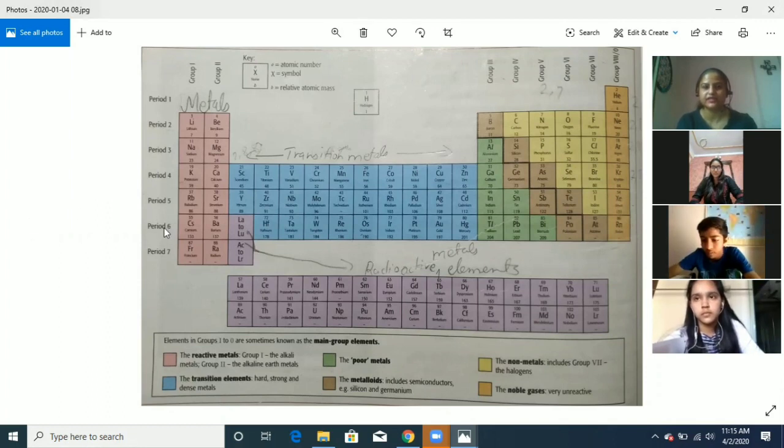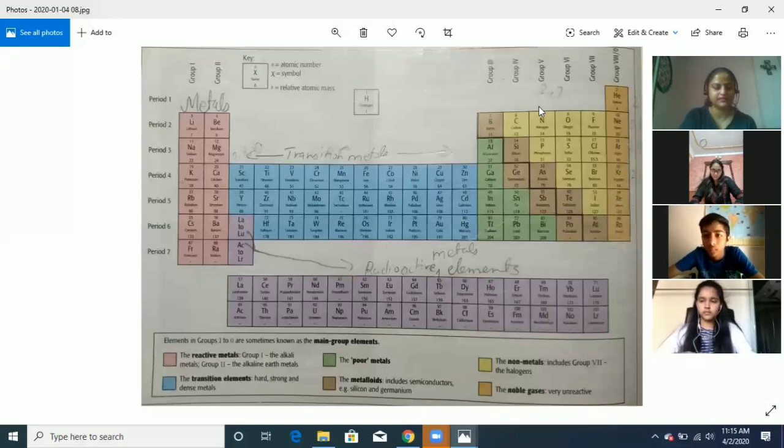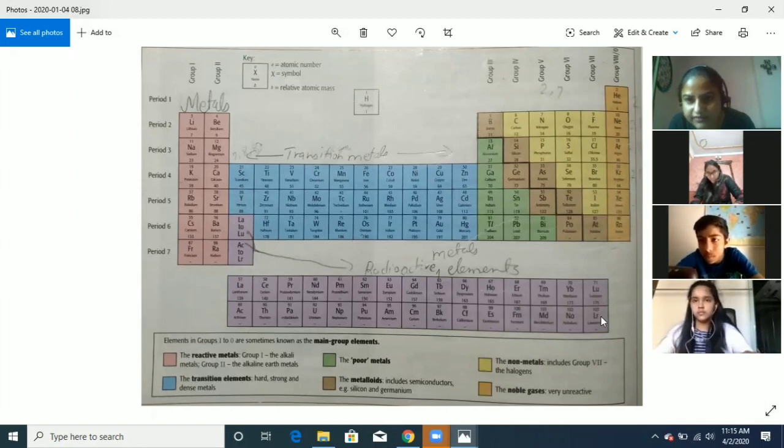These elements are present in our earth and in the universe. As you can see that the last element, this number is written 103. Okay. The last element of the periodic table is 103.